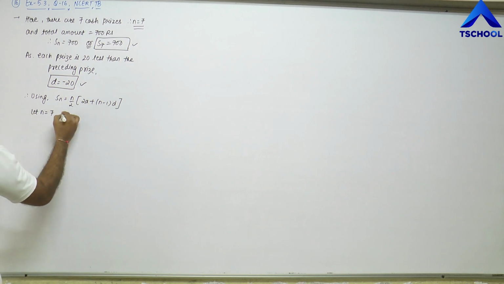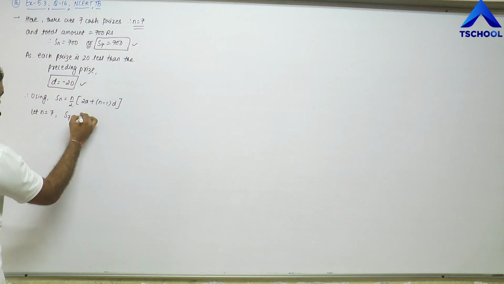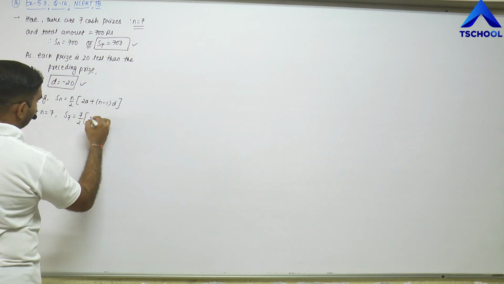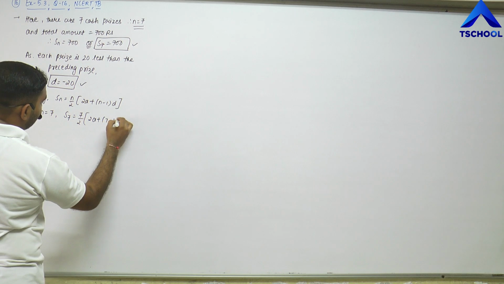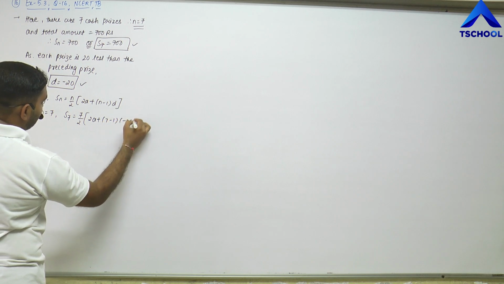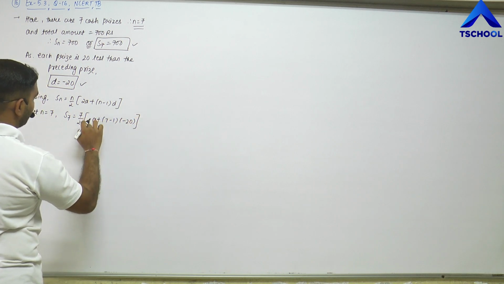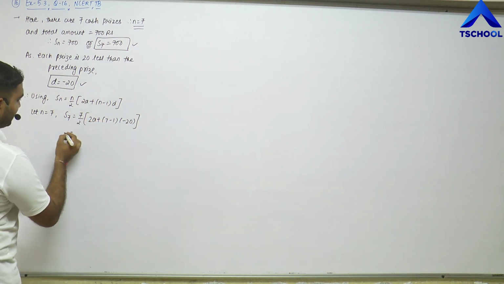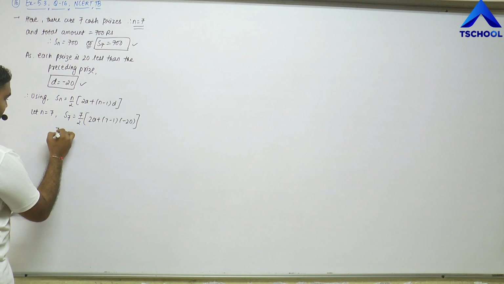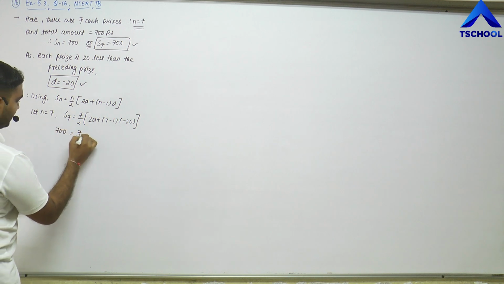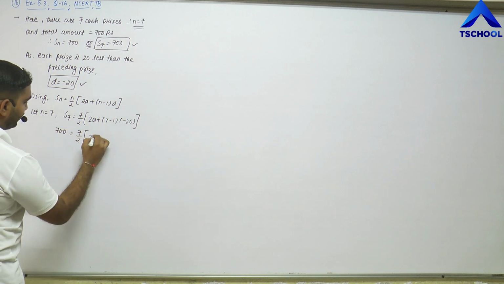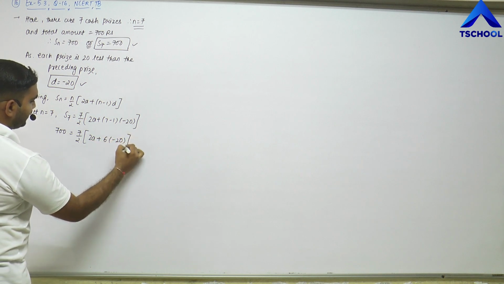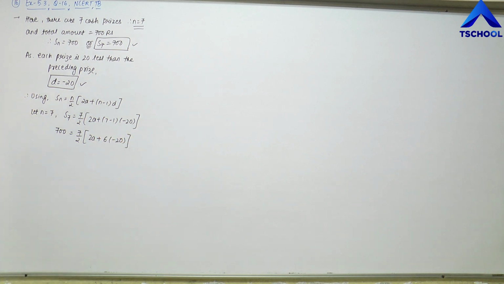Therefore, S7 equals to 7 by 2 into 2a plus 7 minus 1 into minus 20. What is S7 here? That is 700 is equals to 7 by 2 into 2a plus 6 into minus 20, because 7 minus 1 is 6.